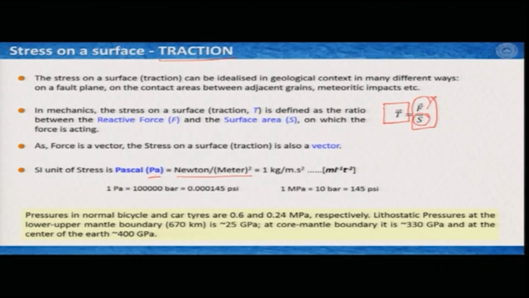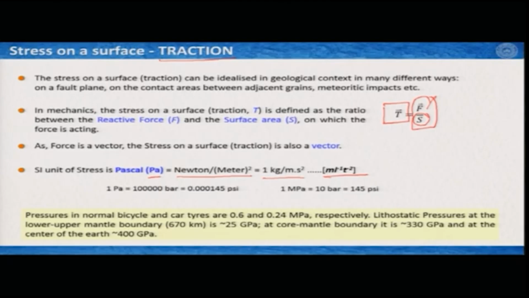Now, 1 Newton per meter square you can expand as 1 kilogram per meter per second square, and the dimension here changes to M L to the power minus 1 T to the power minus 2.